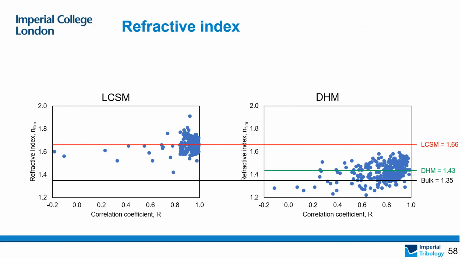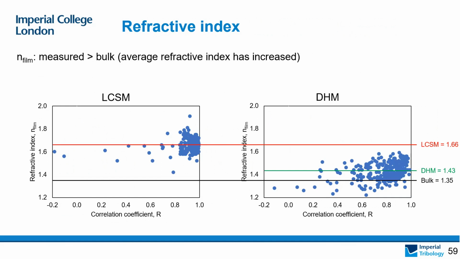And the black line here is the refractive index for the bulk polymers, which is 1.35. We can see that both confocal and DHM give a higher refractive index than the bulk polymers. This suggests that the average refractive index of the transfer film has increased compared to the bulk polymer. We also see that the confocal gives a higher refractive index than the DHM. And I'll talk about this later.